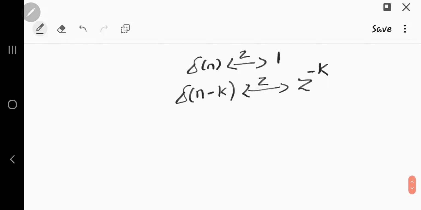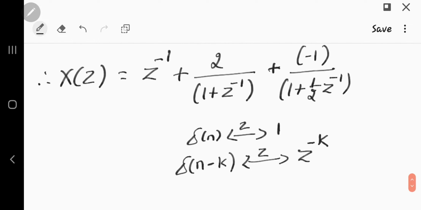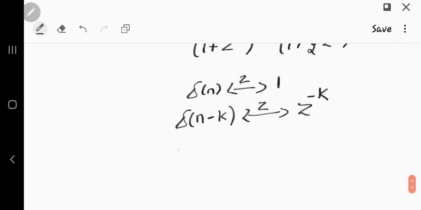In the same way, you get z to the power of minus 1. So that means we have delta n minus 1, which gives z to the power of minus 1. So the z transform of delta n minus 1 is z to the power of minus 1.